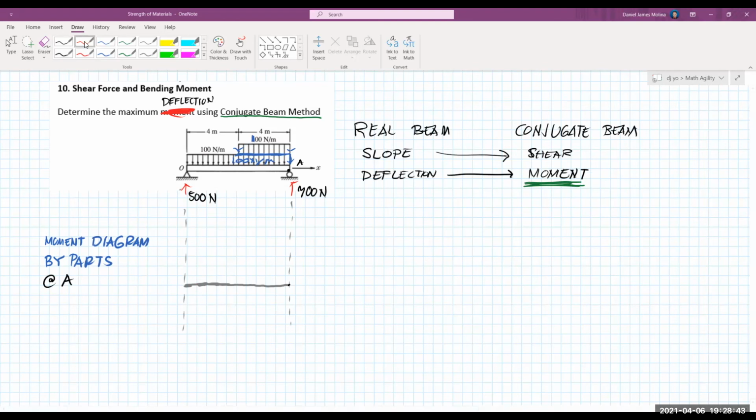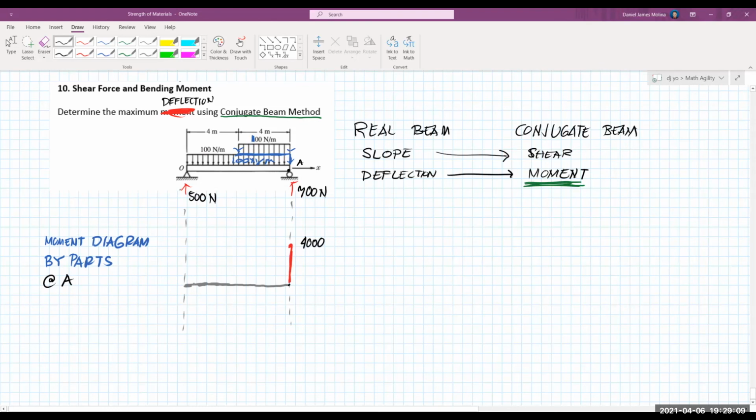The induced moment by the 500 Newton load is actually 500 times 8. Sorry, 500 times 8 is actually 4,000 Newton meter.